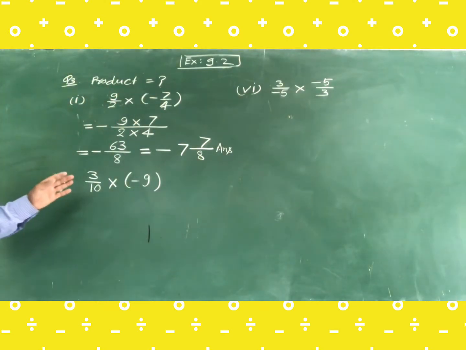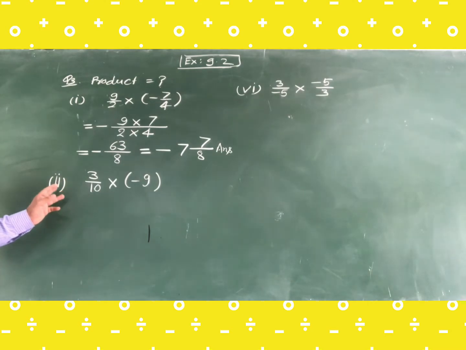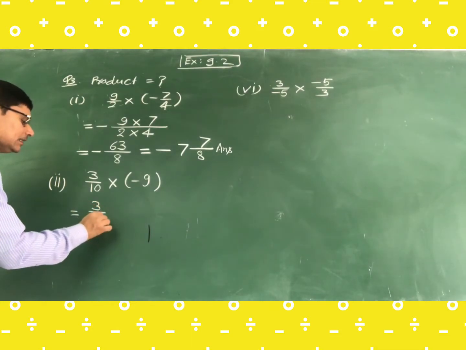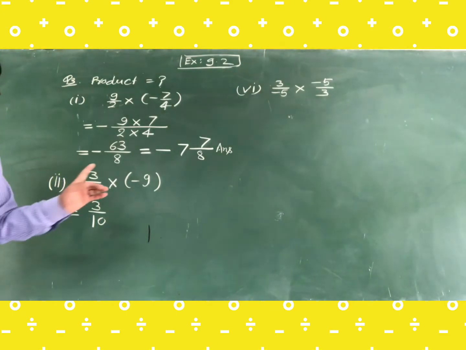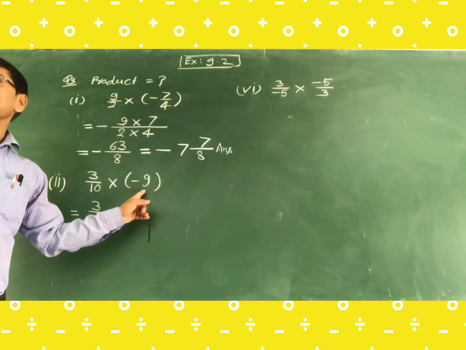Okay. In the same way, you can see the second part of this question. So dear, the first rational number is 3 by 10. This is a standard rational number, in standard form. And this is a whole number, that is an integer, a negative integer.